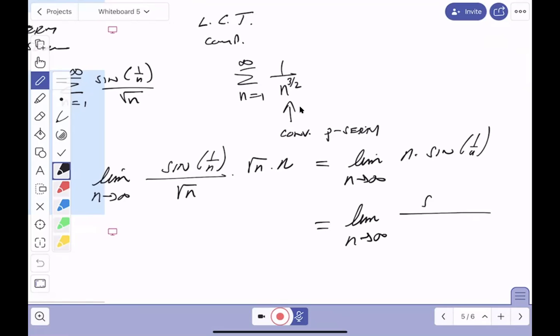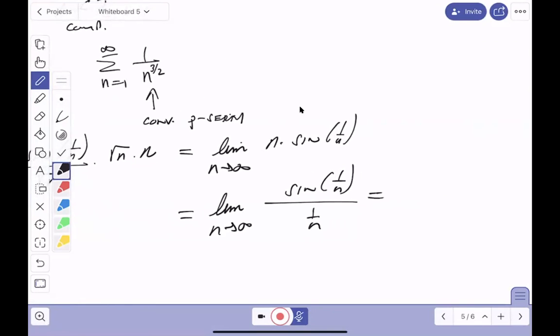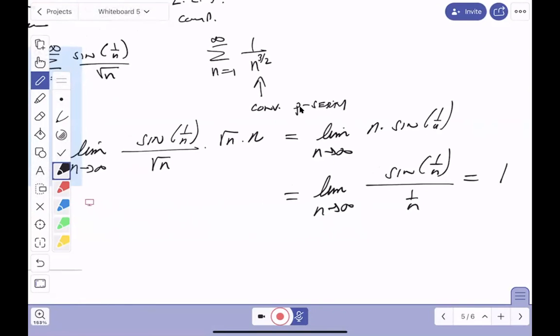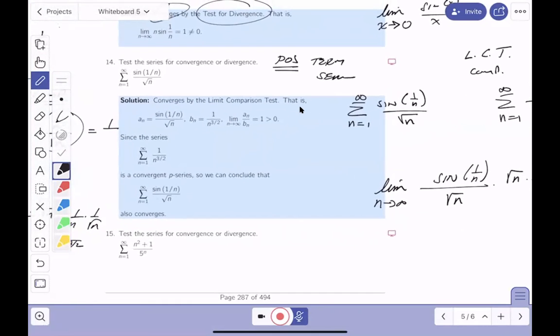This is going to be sine 1 over n over 1 over n, and that limit over there is going to be 1. All right, so we did it right. Let's go back over here. And they did a limit comparison test too. And they got that. What do we know? Series converges.